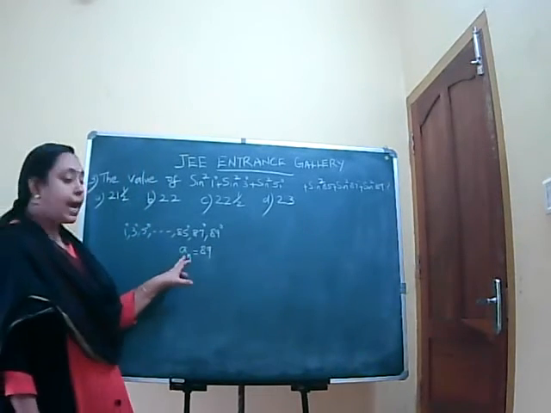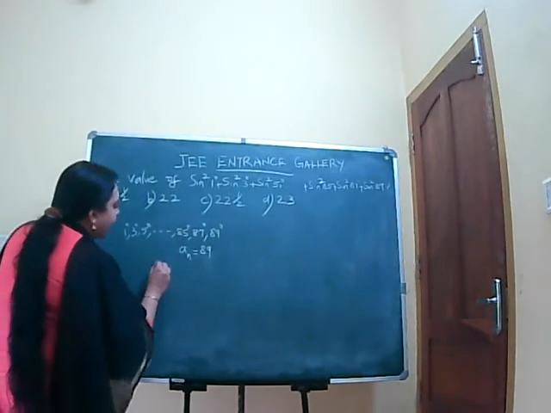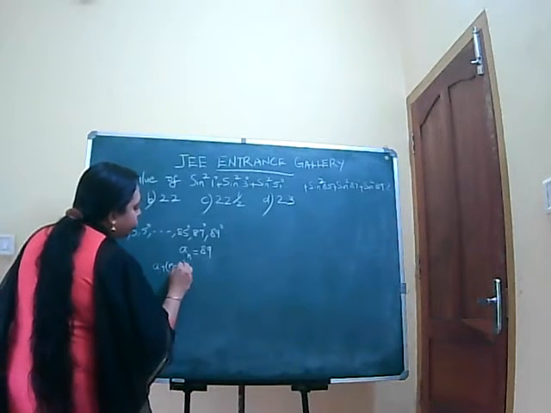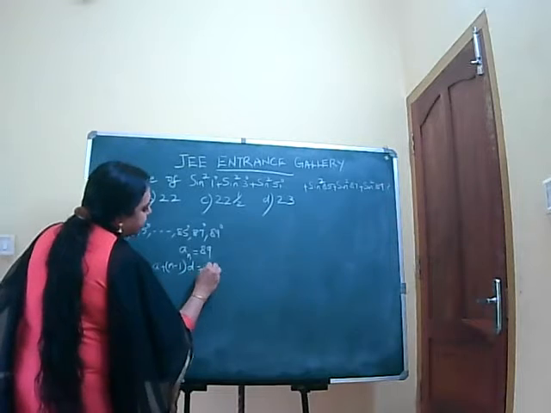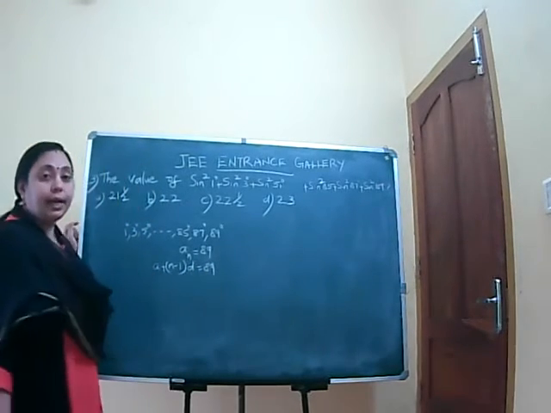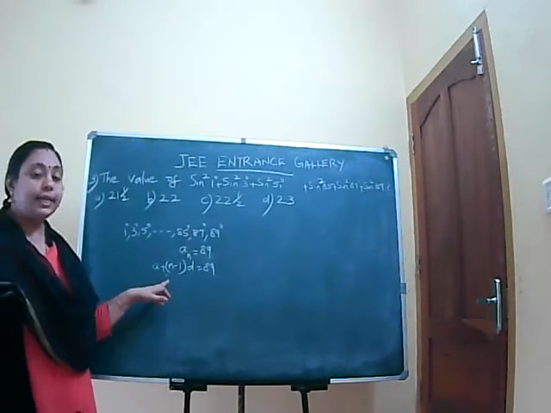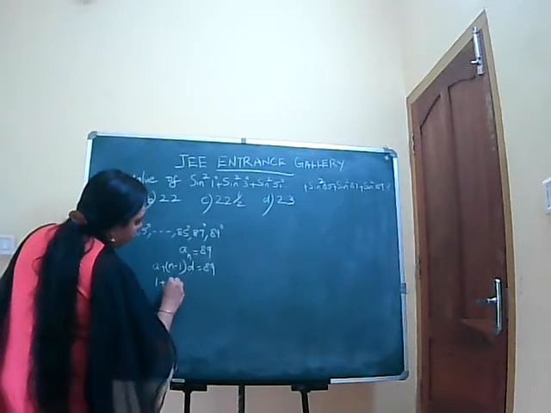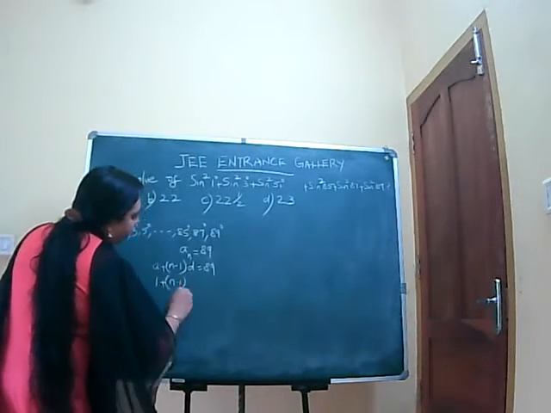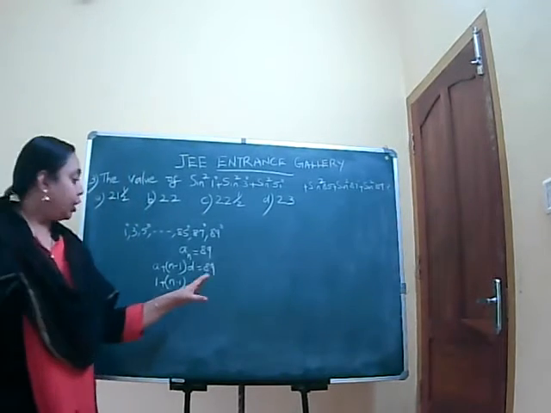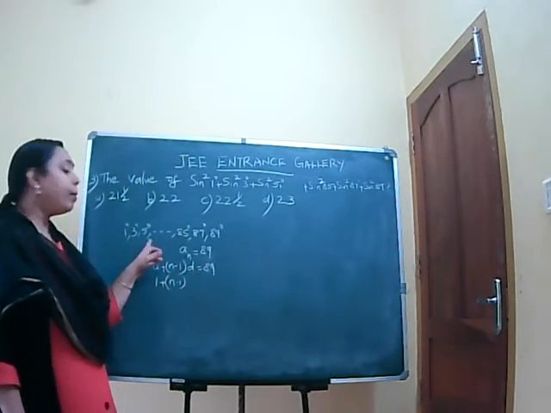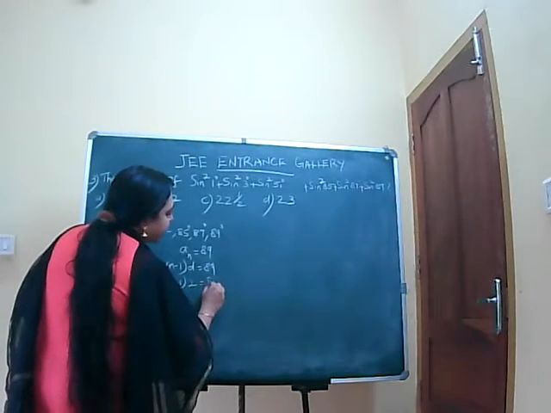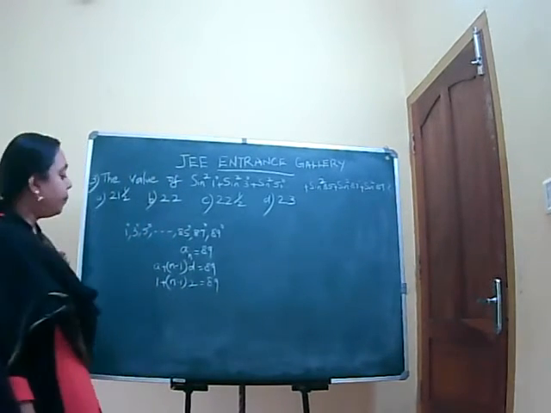We know that an is a plus n minus 1 into d, is 89. A, the first term, is 1, n minus 1 into d. The common difference is 2 and the last term is 89.